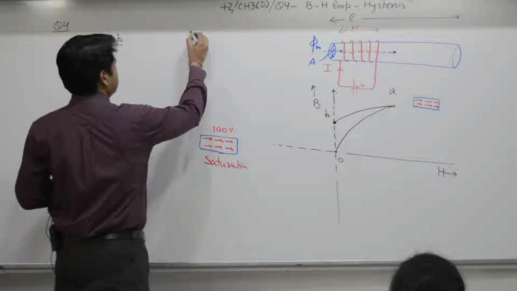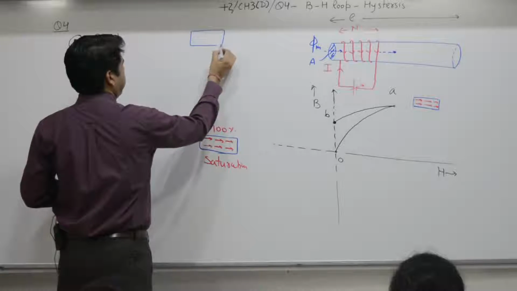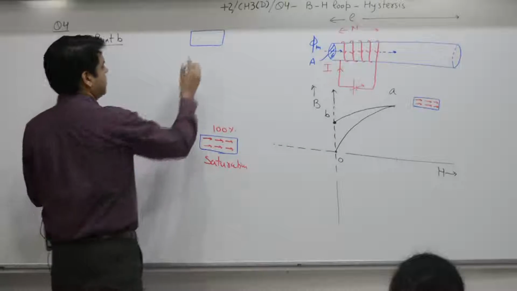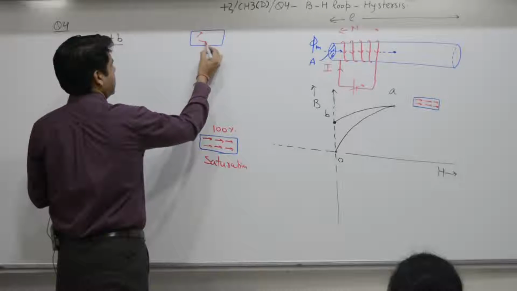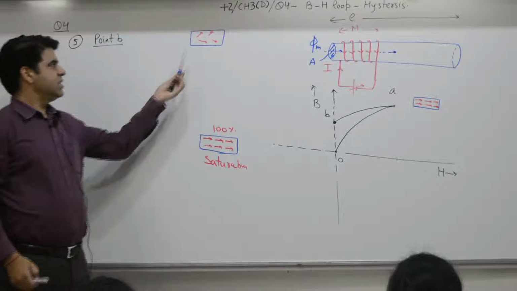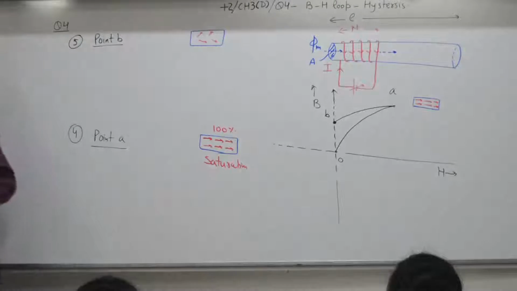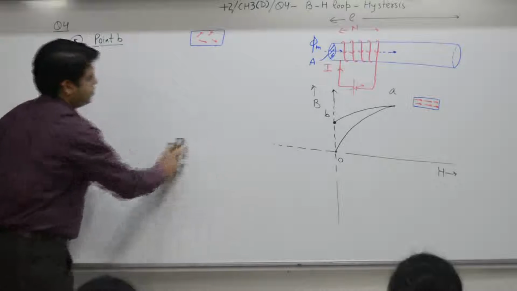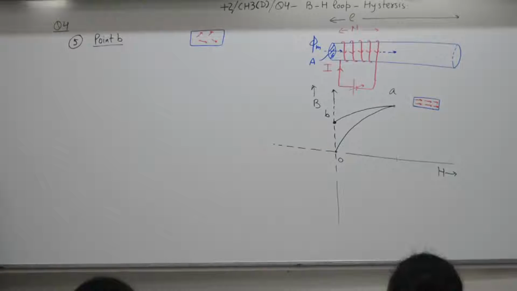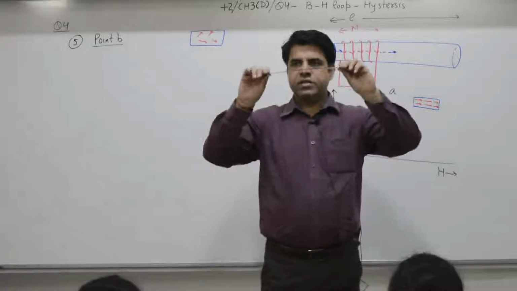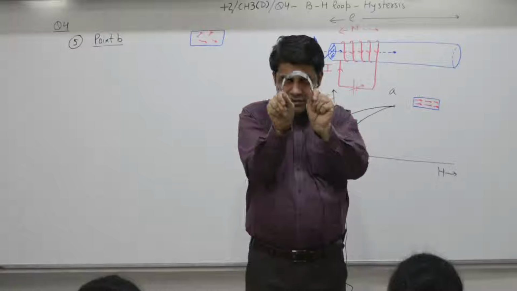That means it is of this type. At point B, that is this point, the material is of this type. Still it has some orientation in one direction. It is equivalent to this arrangement. Say this is straight, you apply a force.